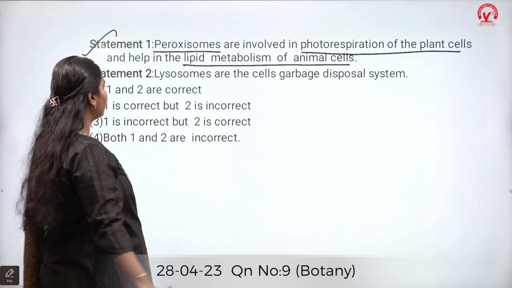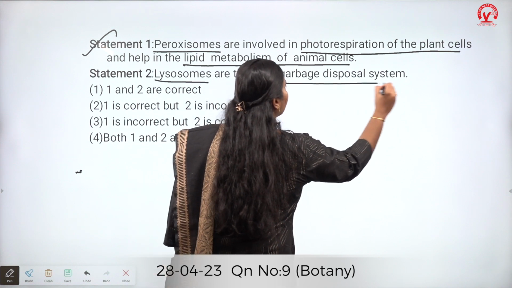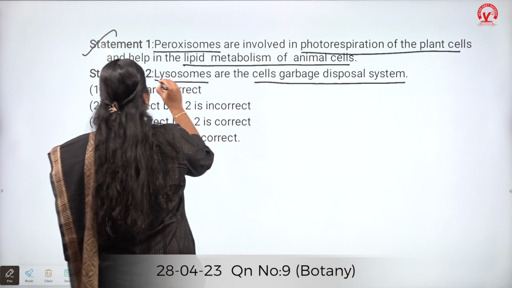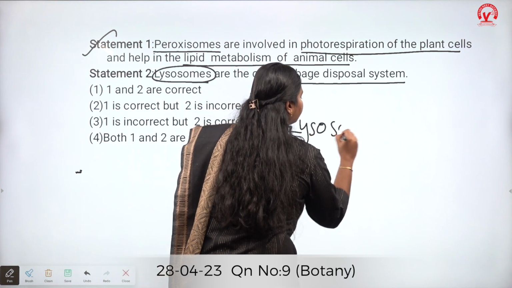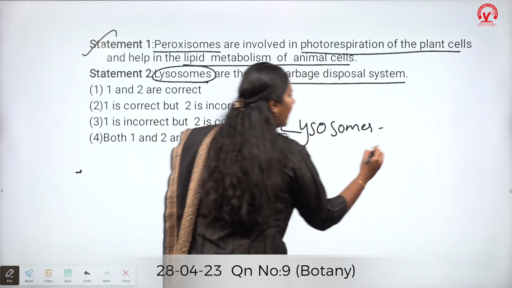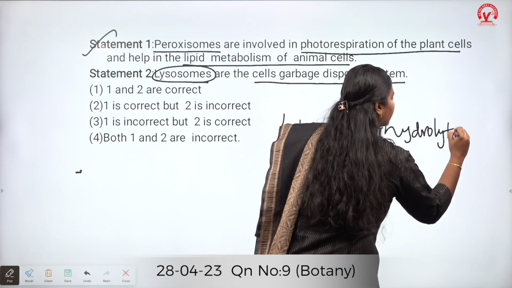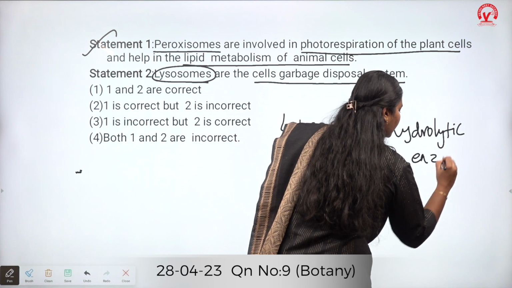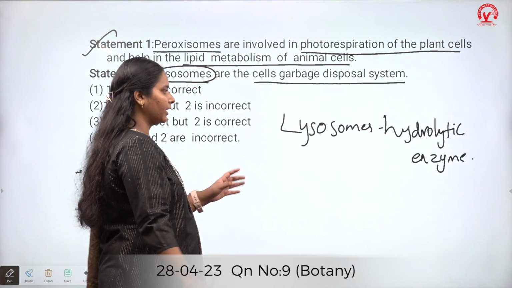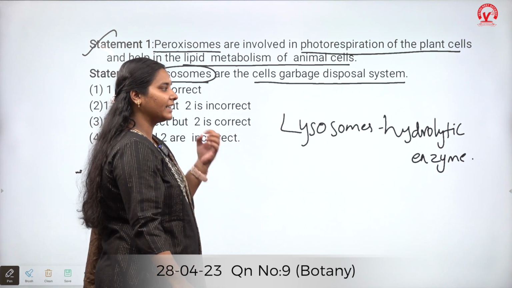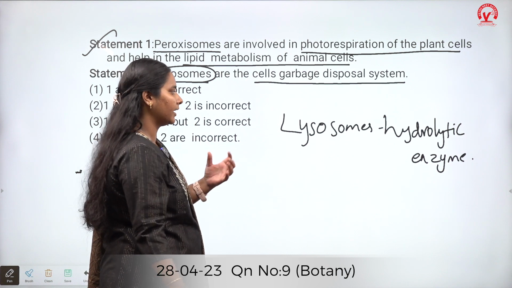And statement 2 says lysosomes are called the cell's garbage disposal system. Usually lysosomes possess hydrolytic enzymes and help in digesting unwanted food materials, engulfed bacteria and viruses, and some extra organelles.